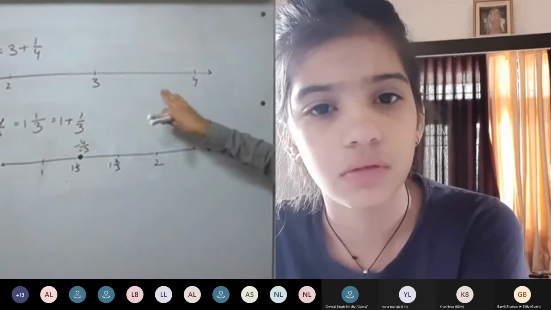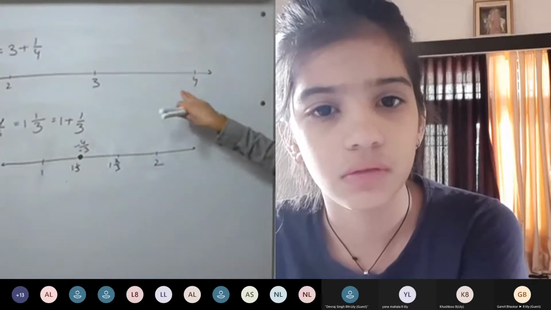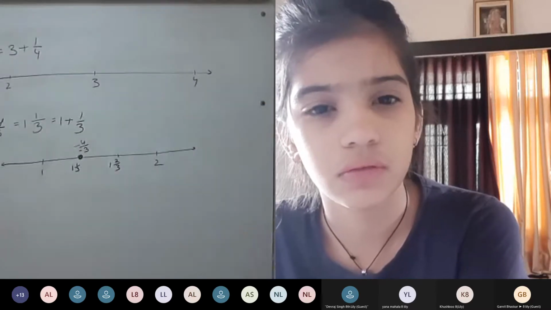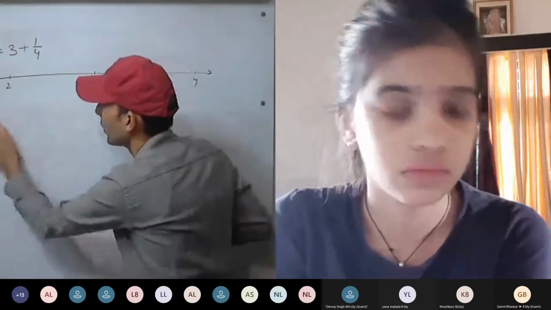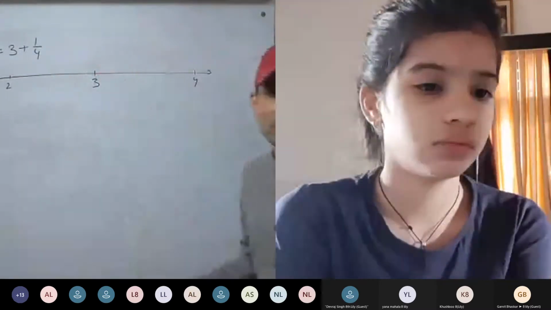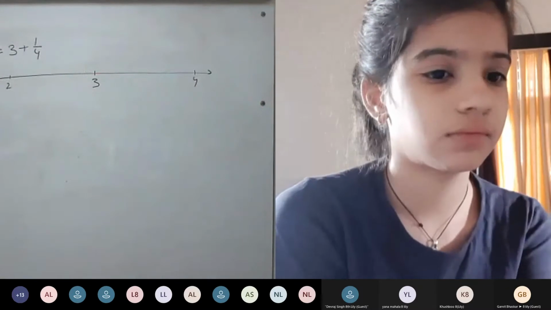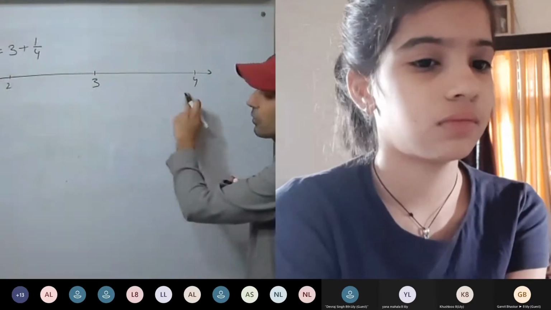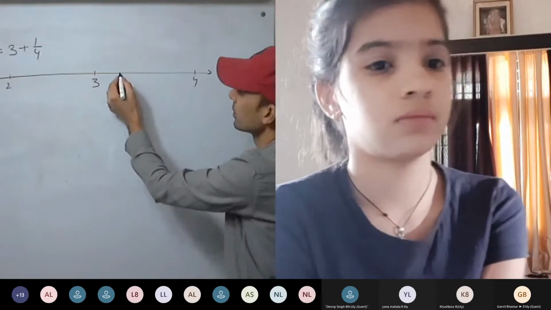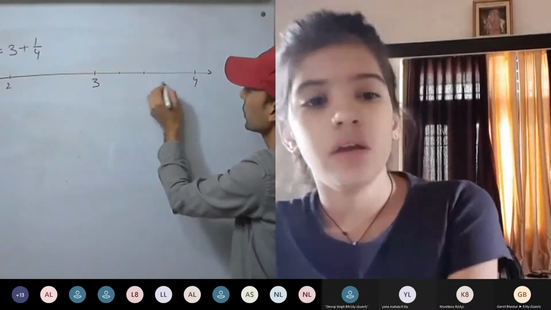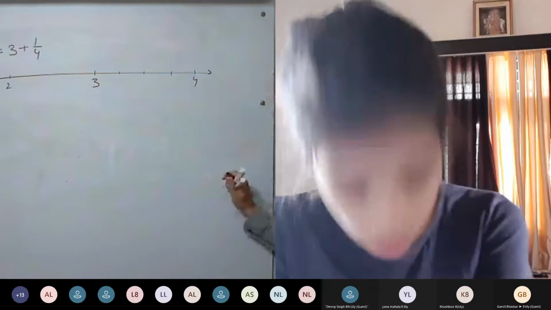So this will lie between 3 and 4. How many parts are we going to divide this line into, between 3 and 4 length? 4 parts. 1, 2, 3, 4.